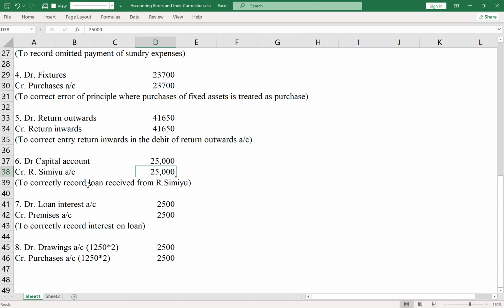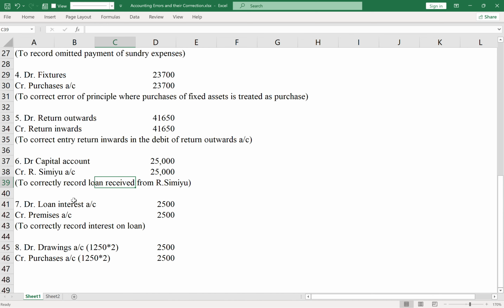This is to correctly record loan received from SMU, because it had been credited on the side of the capital account instead of being debited.